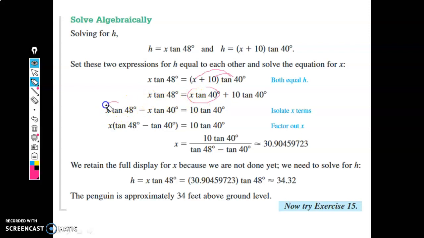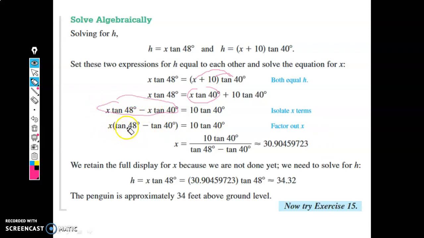Okay, so now we have both x terms on the same side. All right, so in order to solve this now, we have to make these two x's somehow into one. You cannot just take tangent of 48. In order to do this, you basically have to factor out the x in order to combine these two tangents. So that's what you did here. You did the x as a GCF.